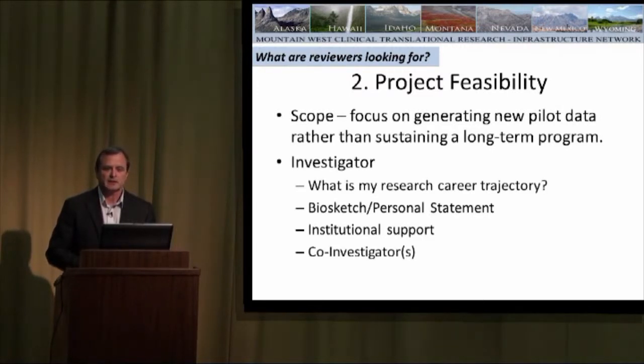Many of our applications might not yet have an extensive track record of funding in a field. So this is something you can address head on, and you should address head on in your application. You can do this by making good use of the personal statement section of the biosketch to describe what your career trajectory is, and explain why this is an important step towards your career goals and establishing an independent program.